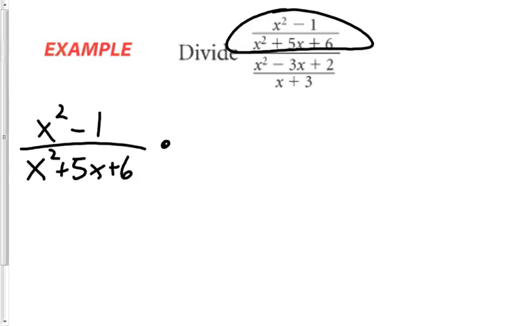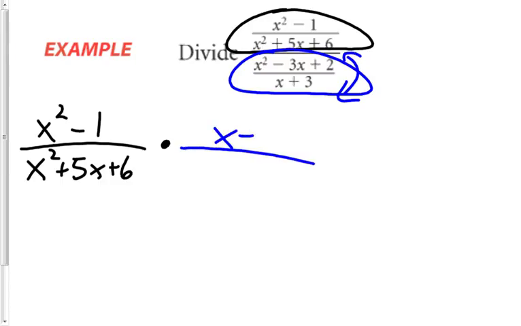And now I will be multiplying that by the reciprocal of my denominator. The reciprocal simply switches the top and bottom of that function. So this equals x plus 3 divided by x squared minus 3x plus 2.